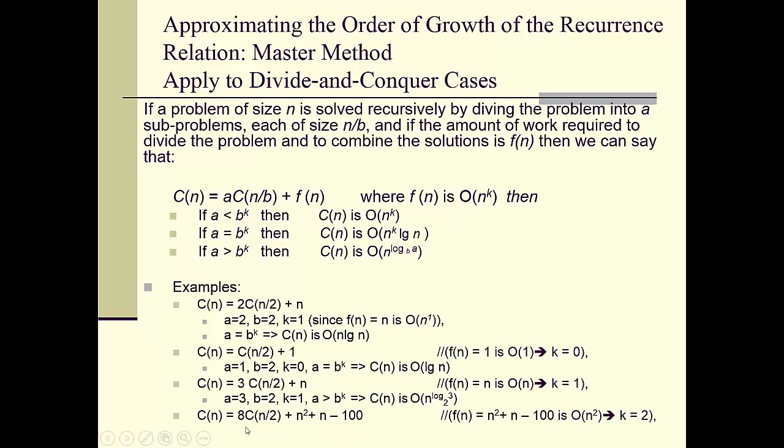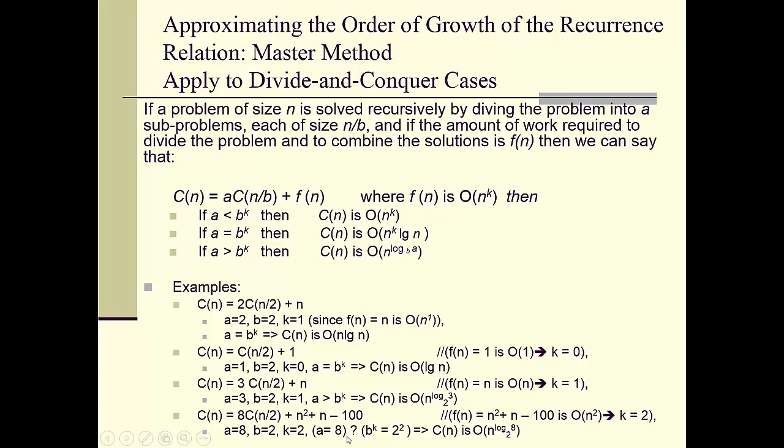Another, fourth example: if C of n is equal to 8 C of n over 2 plus n squared plus n minus 100. You can see that f of n in this case is n squared plus n minus 100, which makes it O of n squared. So k is going to be equal to 2. So a is equal to 8, b is equal to 2, and k is equal to 2.